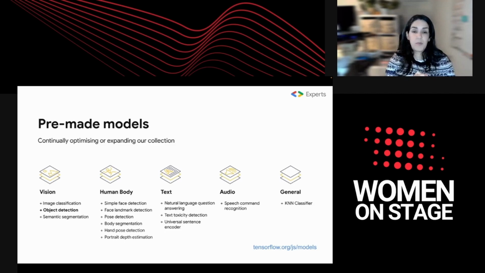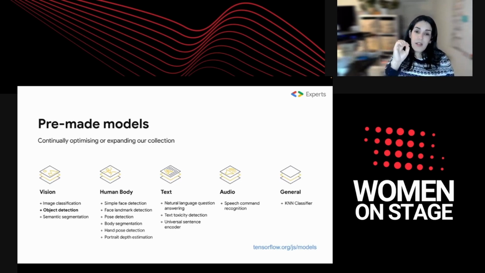Pose detection is pretty cool. You can train it to recognize poses that you do. So I have seen projects about yoga poses, or one of the kids at my code club did one for karate poses, and it's pretty cool. It can be really useful. Body segmentation can recognize where the head, the arms, and the legs are.